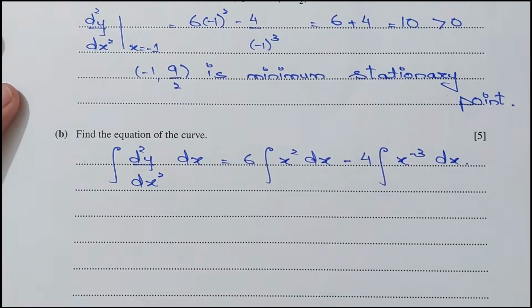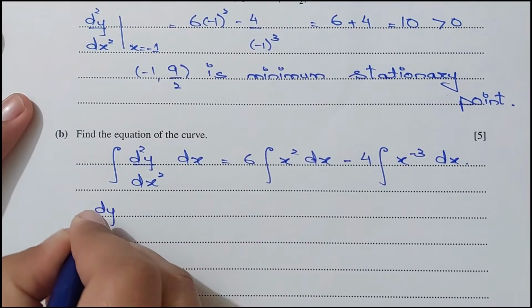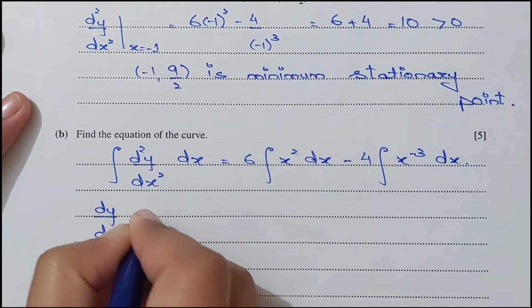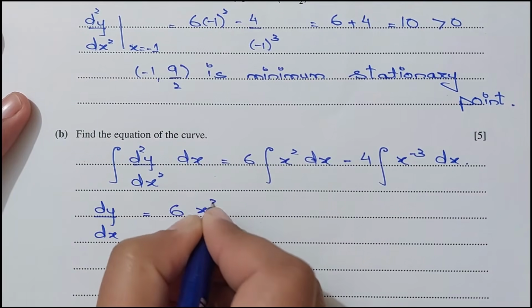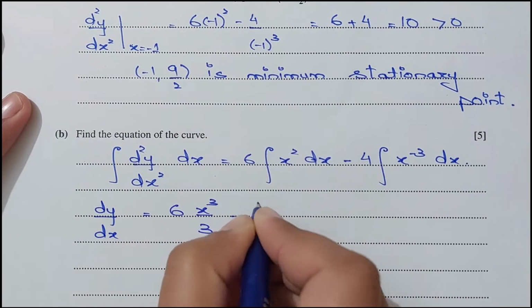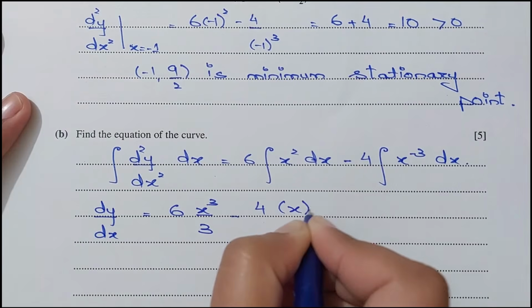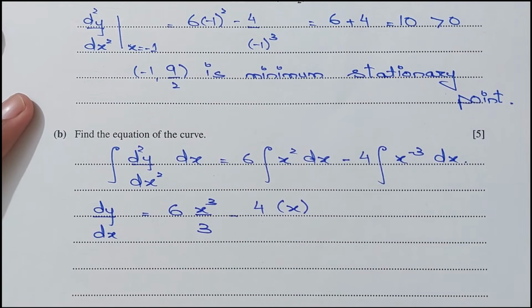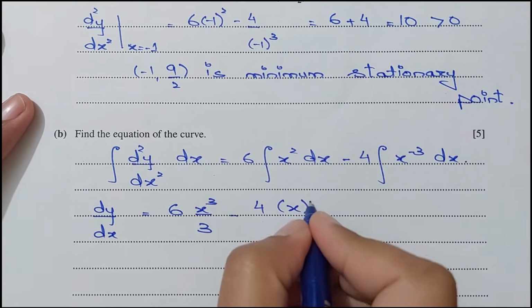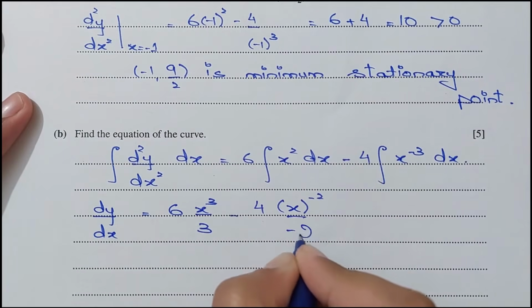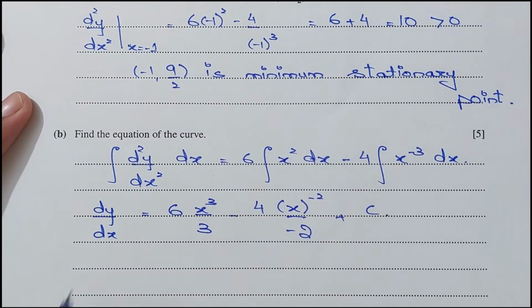Okay, so here you will get dy over dx, the first derivative: 6x cube over 3 minus 4, and its power is x power -3 plus 1, so -2, over -2, plus some constant of integration.